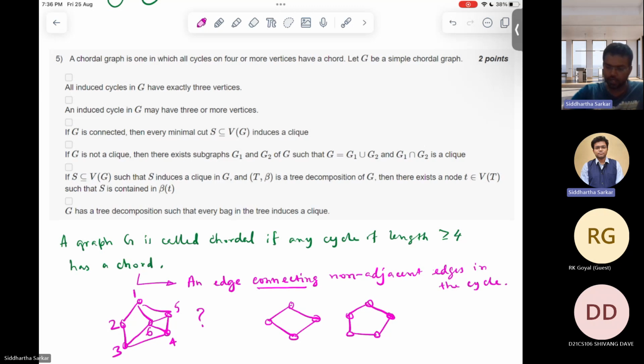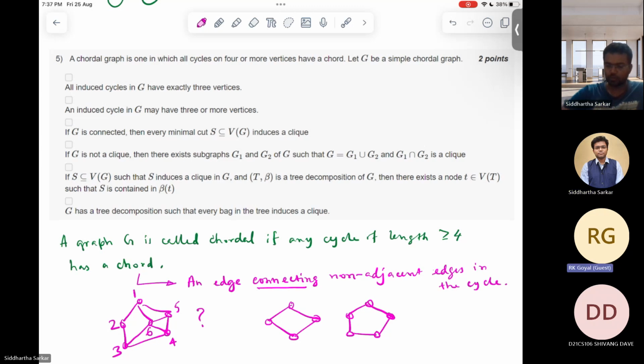If you identify such a cycle, then every non-adjacent pair of vertices on this cycle should have an edge. That is a chord. A chord is defined as an edge connecting non-adjacent vertices in the cycle. So if G is chordal, then every cycle of length at least 4 has a chord.